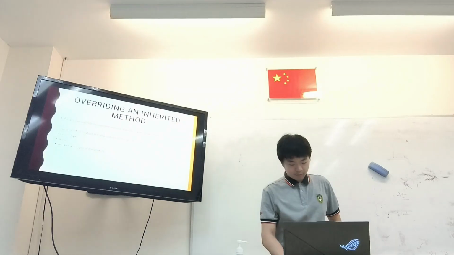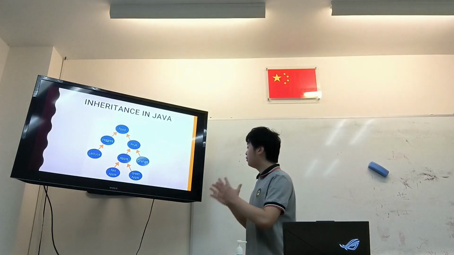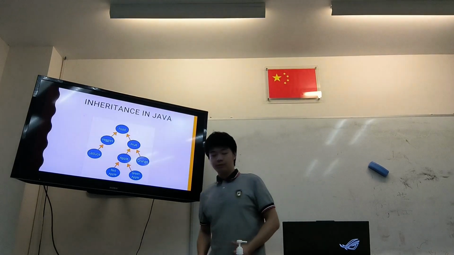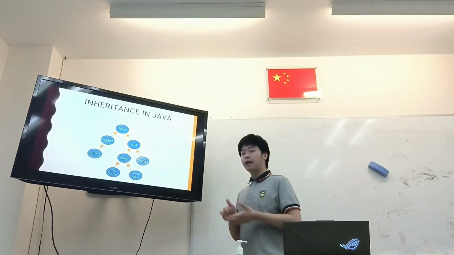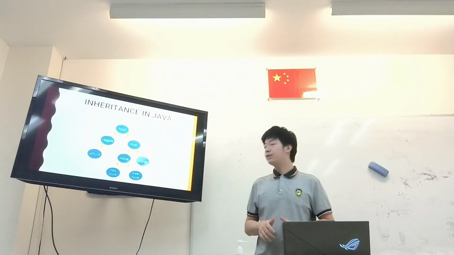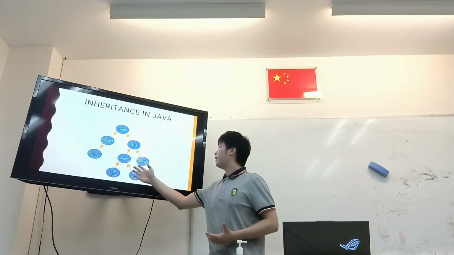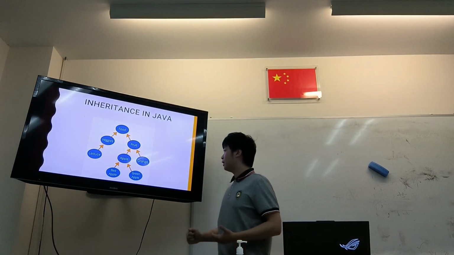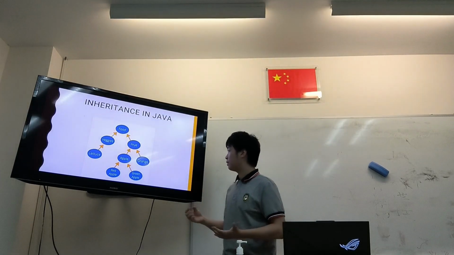It's like, for example, for the fruit class, suppose you have a method called getName to return the name of the fruit. However, the red apple class, for example, is a subclass of apple, and apple is a subclass of fruits.